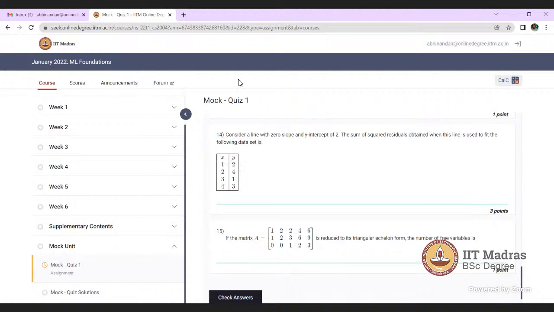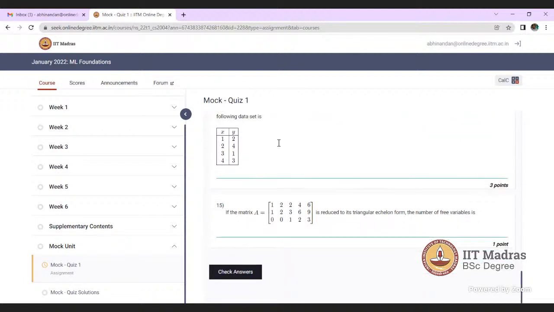Do they want us to solve or is the explanation fine? Yes. Okay, I'll take it.